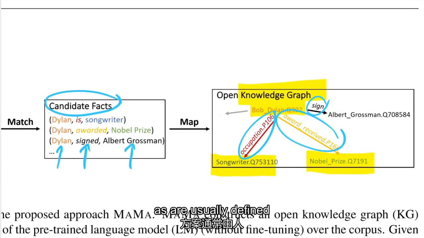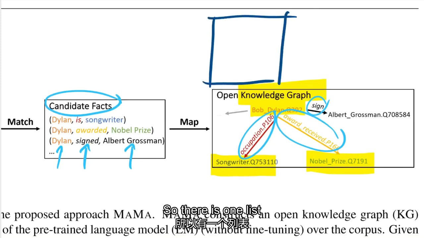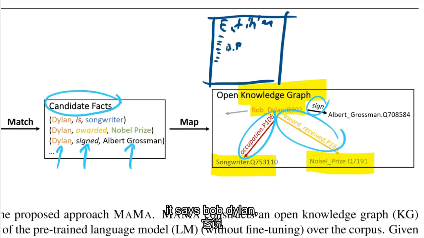And then the second part is that you need to map it to a schema. And these schemas are usually defined by humans. So here we're still going to rely on humans to define the schema. So there is one list that says entities, and the entities are listed, okay, by the humans. And at some point it says Bob Dylan, and it has a bunch of mentions of Bob Dylan associated with it.